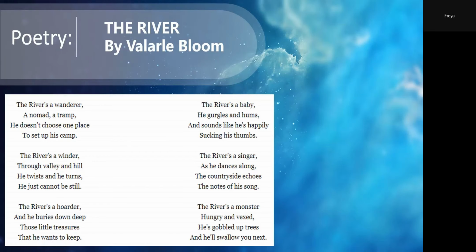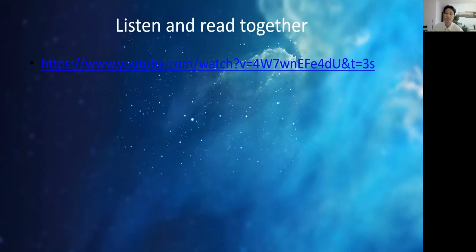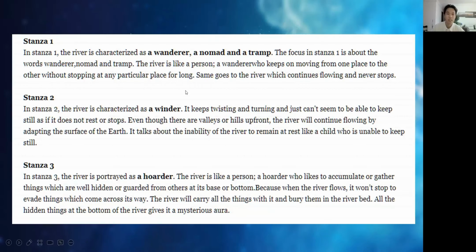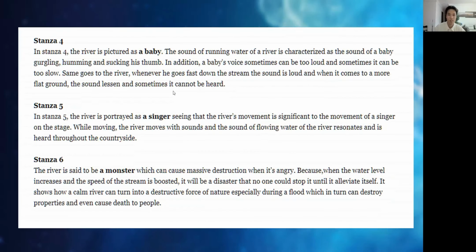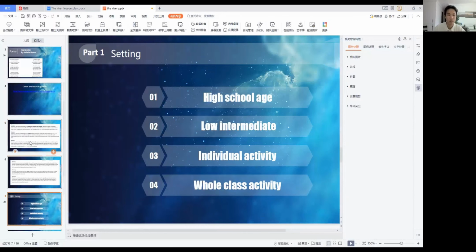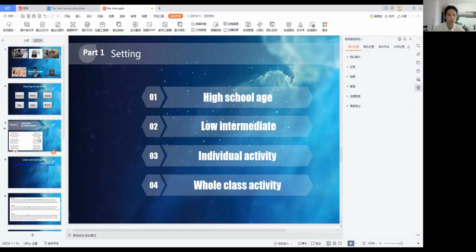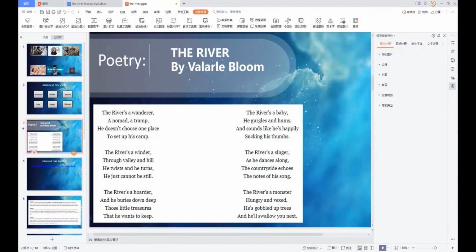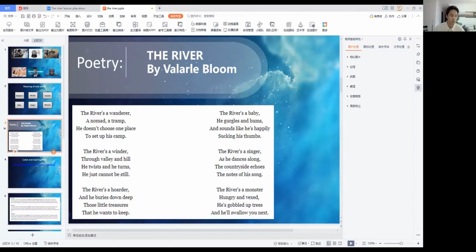Okay, so before that, I want to divide you guys into different groups, and I want you to role play different characters, and maybe we can have 6 groups. Okay, so referring to our attendance today, I think maybe we can just divide into 2 groups.